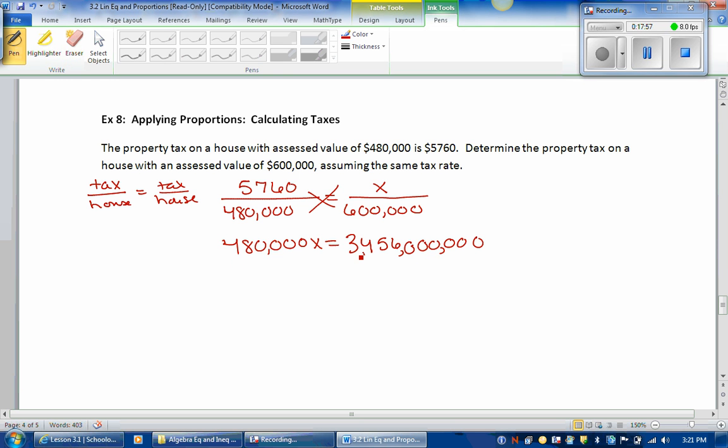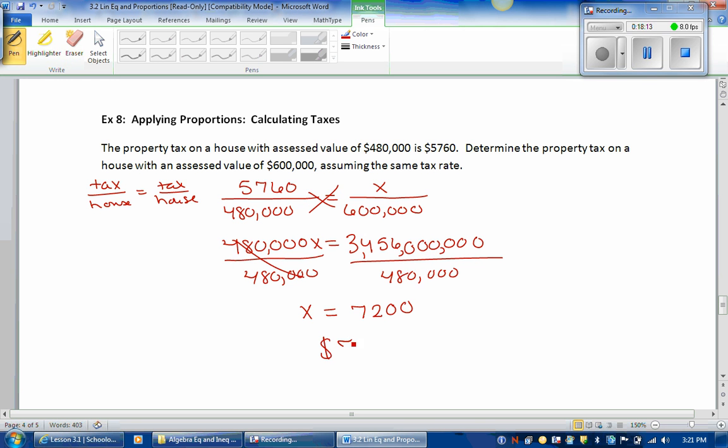Then we divide, and we wind up with a tax value of $7,200.